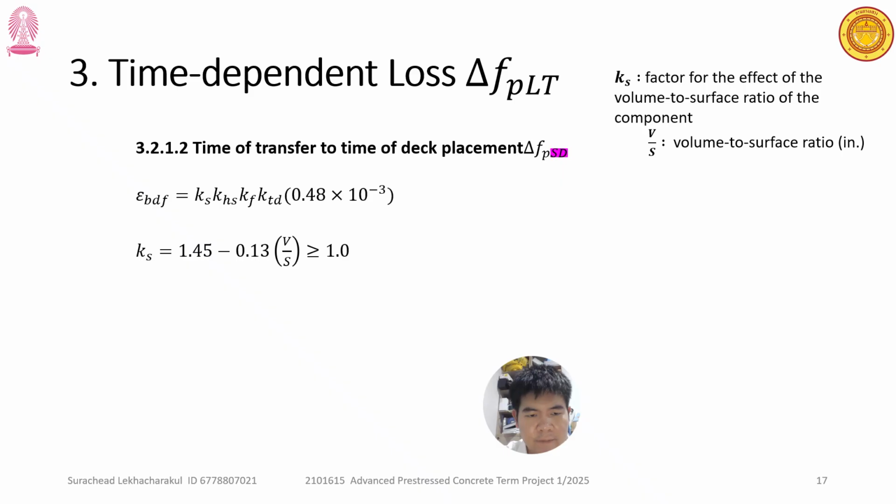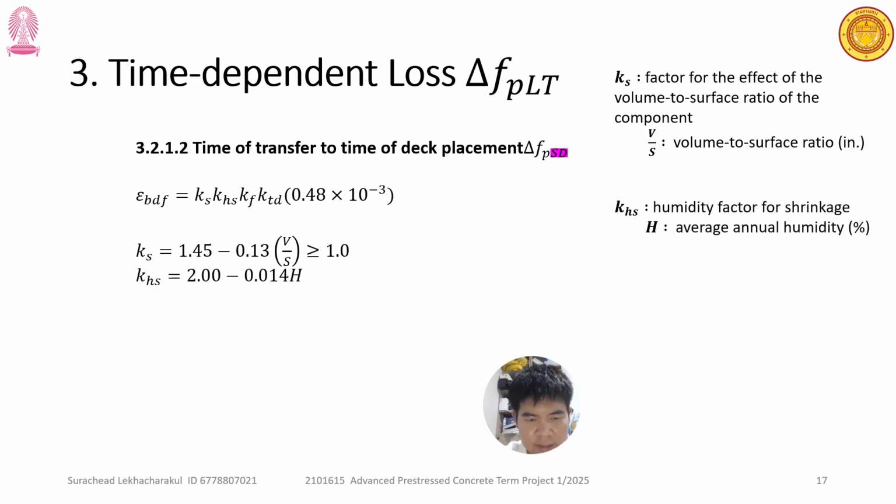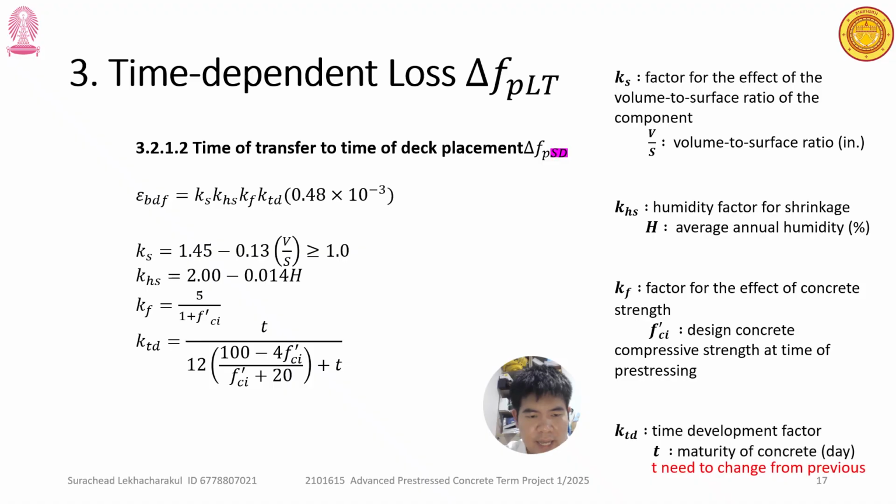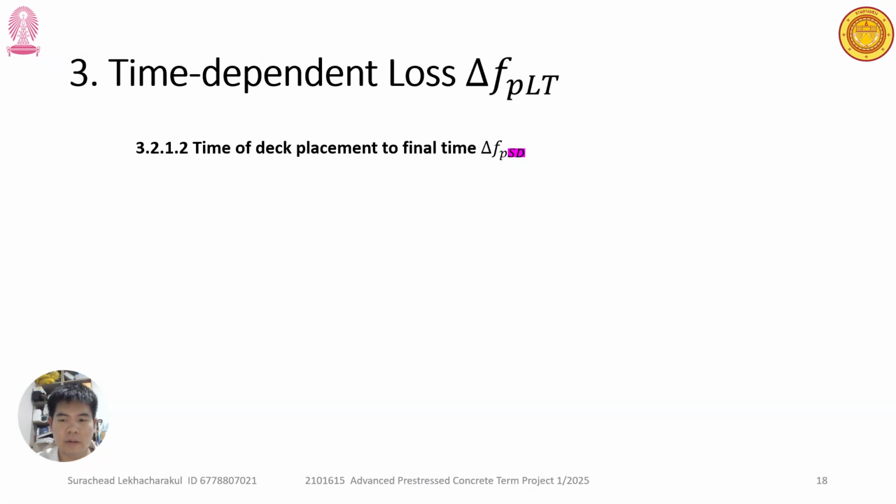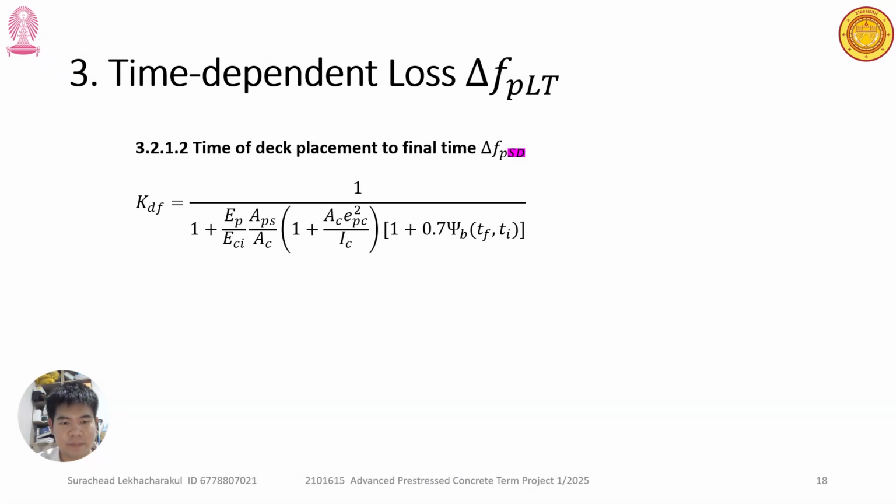Epsilon BDF depends on KS, KHS, KF, and KTD that I mentioned before, but the time is different. We need to change the time because the material depends on time.